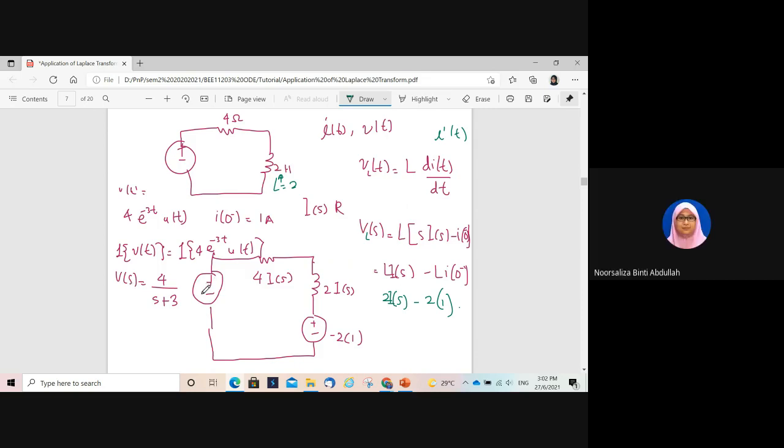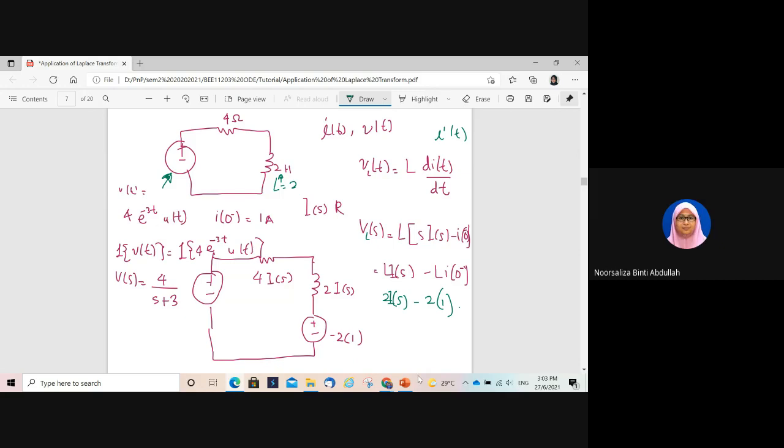This one is given the VT is 4 exponent minus 3t, right? Dekat sini dia kata source of this circuit. The source of this circuit, VT equals to this one. So you Laplacekan this one, you dapat yang ni. So yang UT tu apa jadi doktor? UT tu tak ada apa.